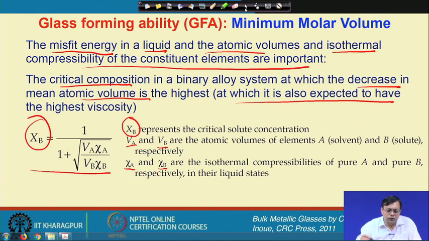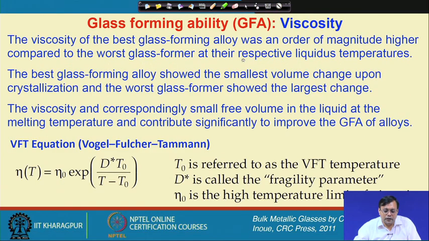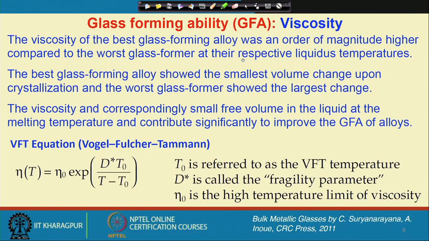Now there is another major physical property one should think about, that is basically the viscosity, because we understood that the viscosity of a liquid continuously increases as it cools, and when it reaches 10 to the power 12 Pascal second, or greater than 12 or 13, it basically gives you the glass.